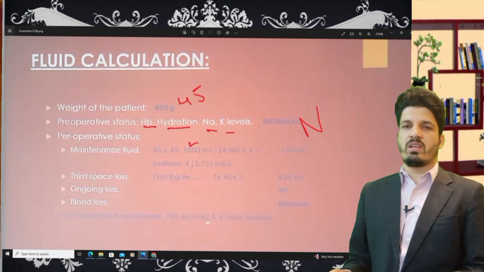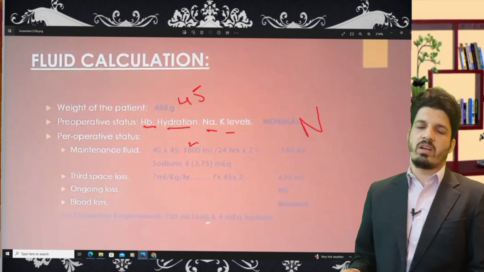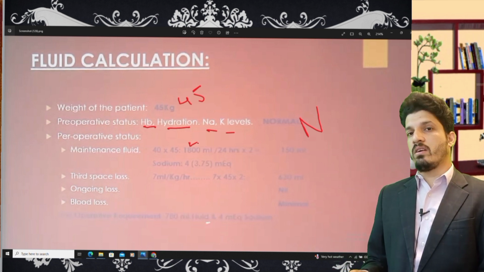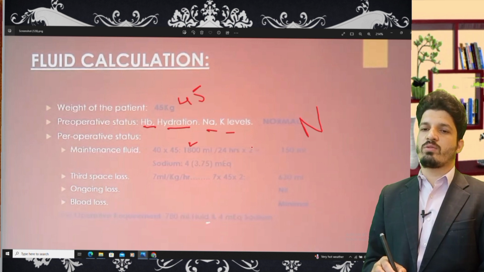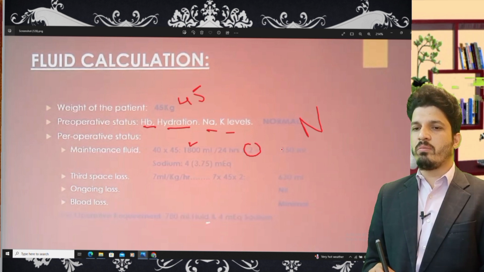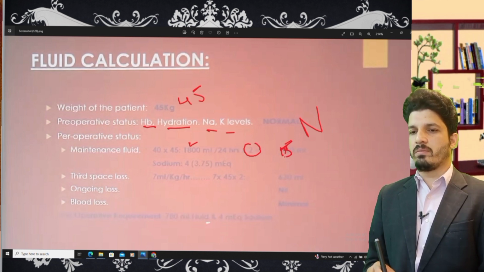Definitely it's for 24 hours, and we will divide it by 24 to get the fluid requirement in 1 hour, and the operative time was 2 hours, so we will multiply it by 2. The value will become 150 ml.